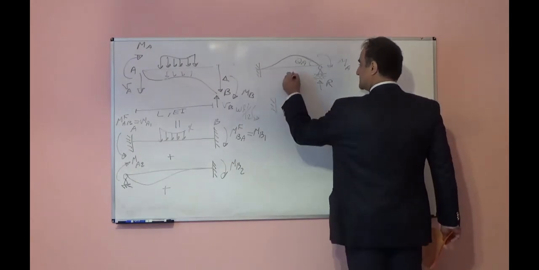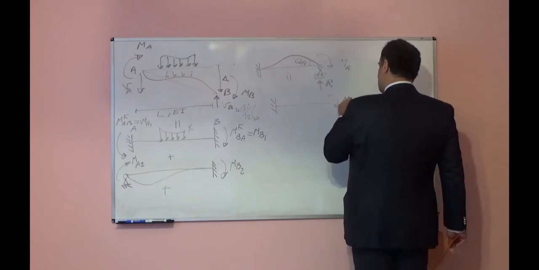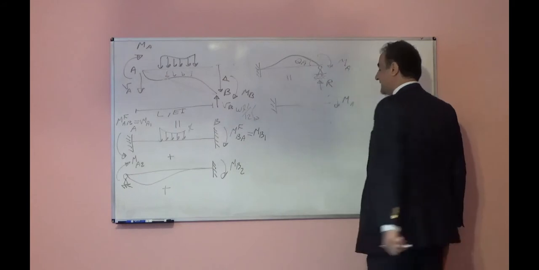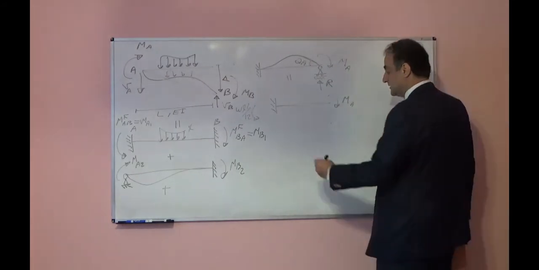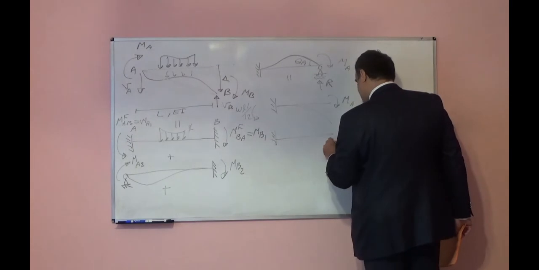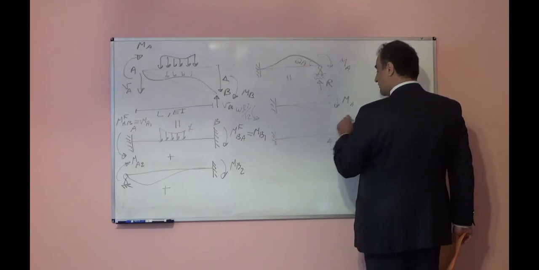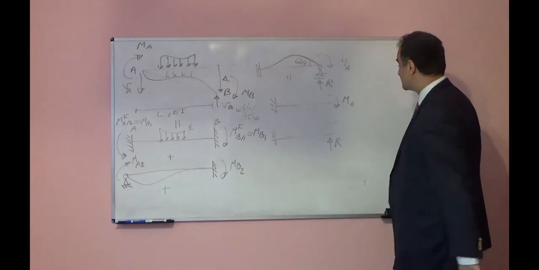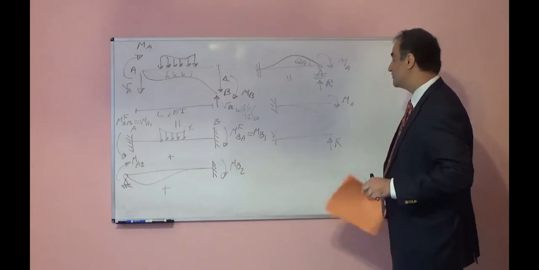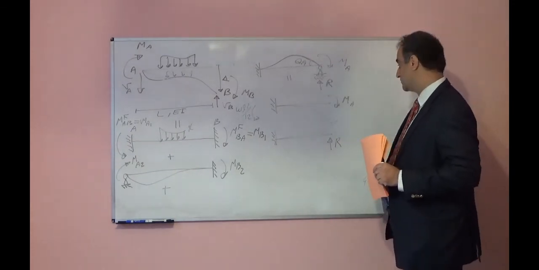Using superposition, I will apply MA here, and I will have deflection here. Because of that deflection, we will have this reaction upward, that will deform to the upside, and this is downside. Those deformations should be equal, because finally deflection here is equal to 0.